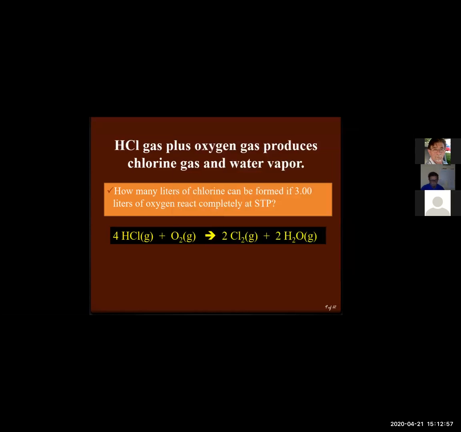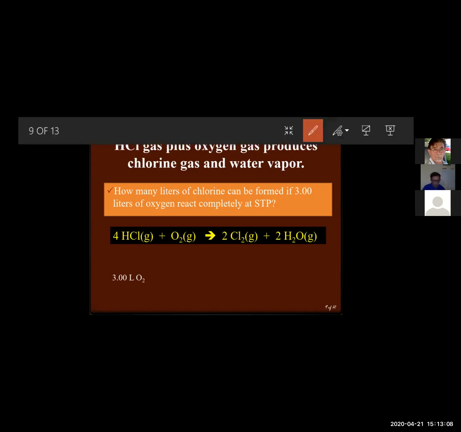Now, based on the problem, they're asking you how many liters of chlorine gas are formed if 3 liters of oxygen completely react. So we're only concerned with oxygen and chlorine gas, which happens to have a ratio of 1 to 2.